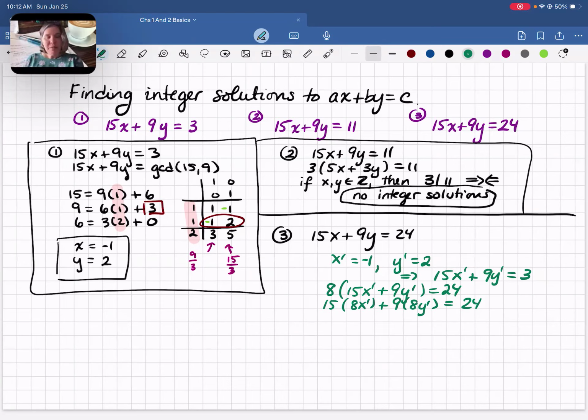So if I'm looking for something of the form 15x plus 9y equals 24, I should have x be 8 times x prime and y be 8 times y prime. And that gives me that x is -8 and y is 16.